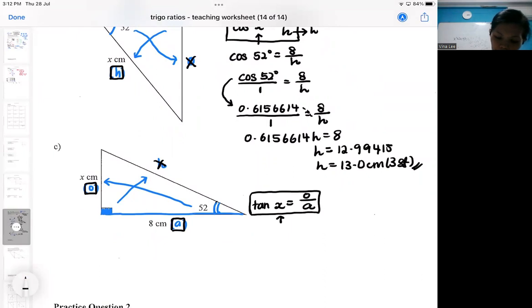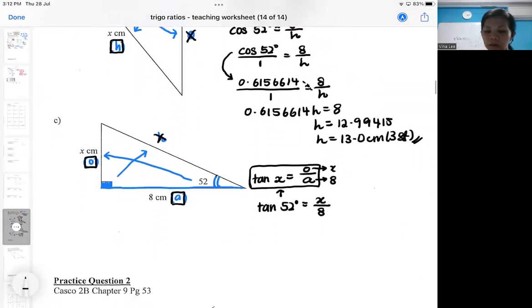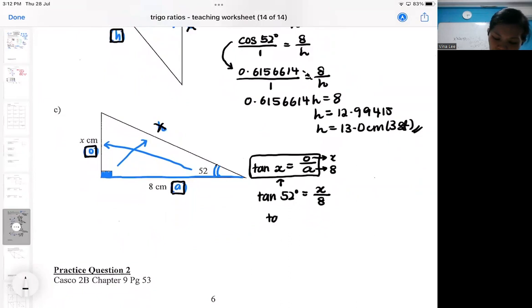Insert the value. Insert the opposite. Insert the adjacent. So bear in mind, tangent 52 is not a nice number. So set up for your cross multiplication. And then you punch your calculator.